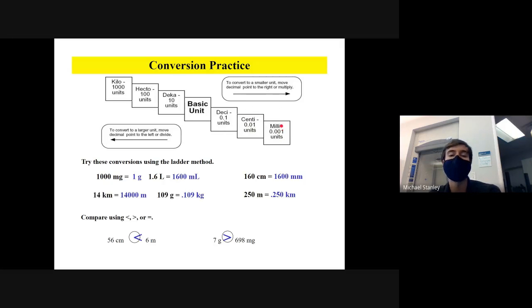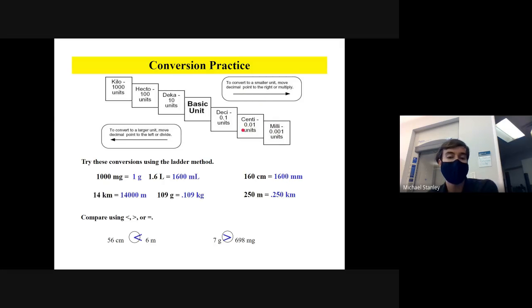That seems pretty easy. So we start off with our decimal point right here, and then we're going to move it one step to the right. That gave us a blank space, which we're going to fill in with 0. So now, instead of having 160 centimeters, when we jump one spot to the right with our decimal point, we have 1,600 millimeters.